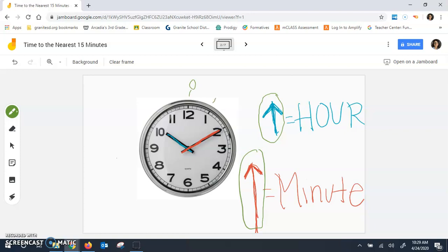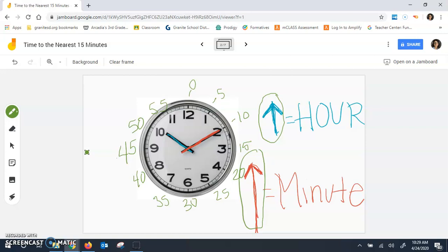If my minute hand was here at 1, I'd be 5 minutes. 10 minutes, 15, 20, 25, 30, 35, 40, 45, 50, 55, and if I've made it back to 12, I've gone to the 60 minutes or a full hour.